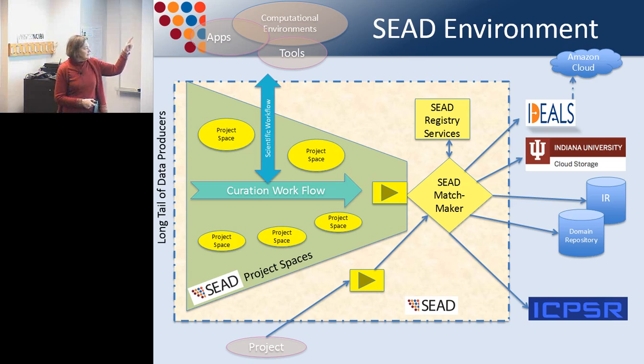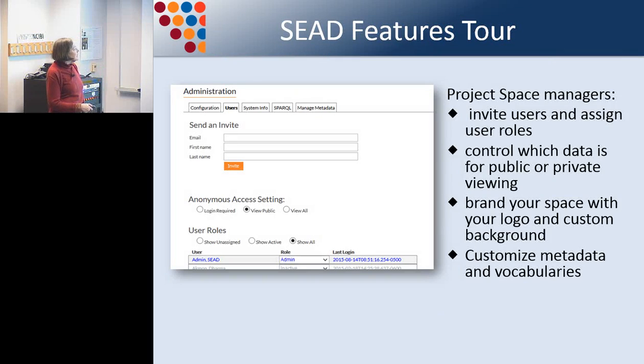And if Seed does not have any repositories at the moment that are HIPAA compliant, then we can't help you, right? But you would be aware of which repositories are HIPAA compliant. So that's the way we're addressing that problem.